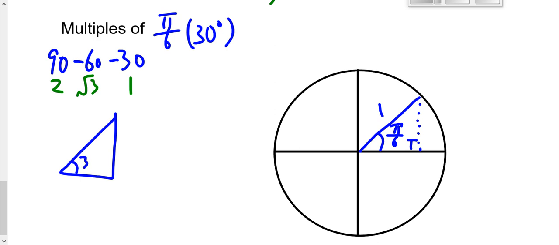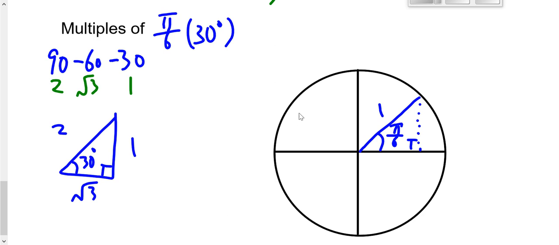This is a right angle triangle, the hypotenuse would be 2, the side opposite the 30 degrees would be 1, this one is 60 degrees, and this length would be root 3.